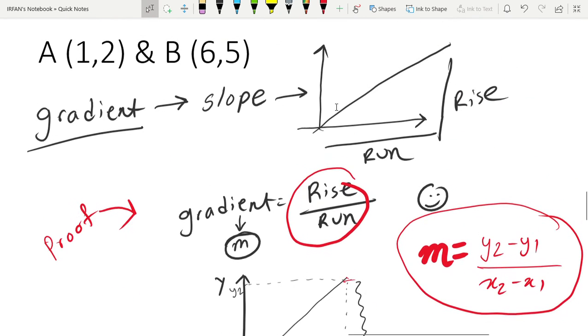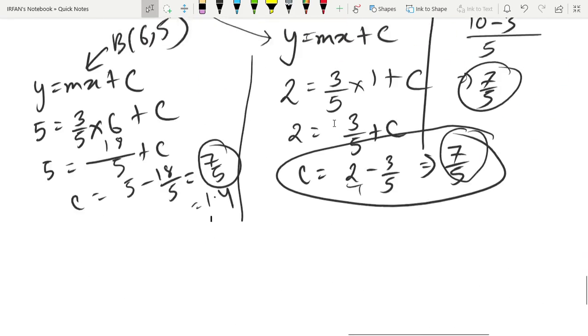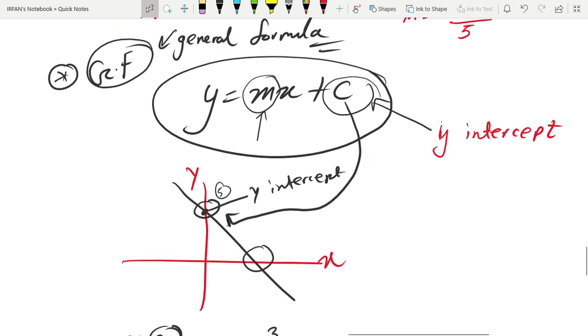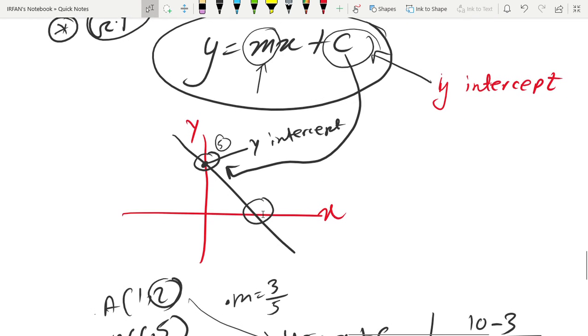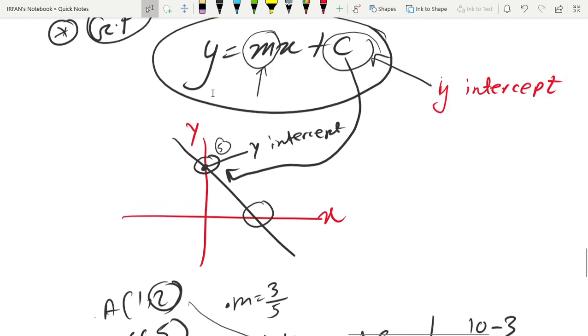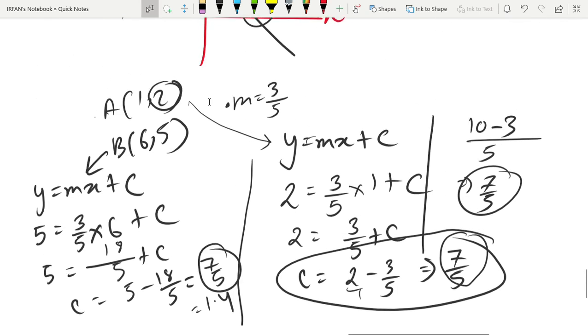So let's check the box, but first, before that, let me revise it again. The y-intercept is the point where the line crosses the graph at the y-axis. So how are you going to find the y-intercept? We have our backbone equation as y equals to mx plus c. I'm going to substitute one coordinate there.